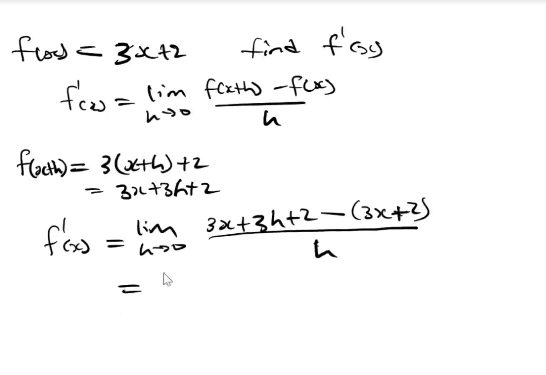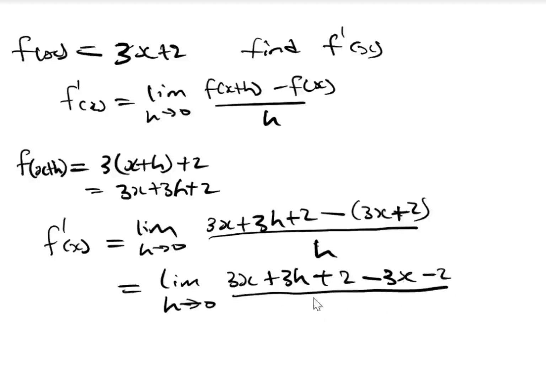This is equal to the limit as h approaches 0 of 3x plus 3h plus 2 minus 3x minus 2, divided by h. Then 3x and 3x can cancel themselves, and 2 and minus 2 will go as well.